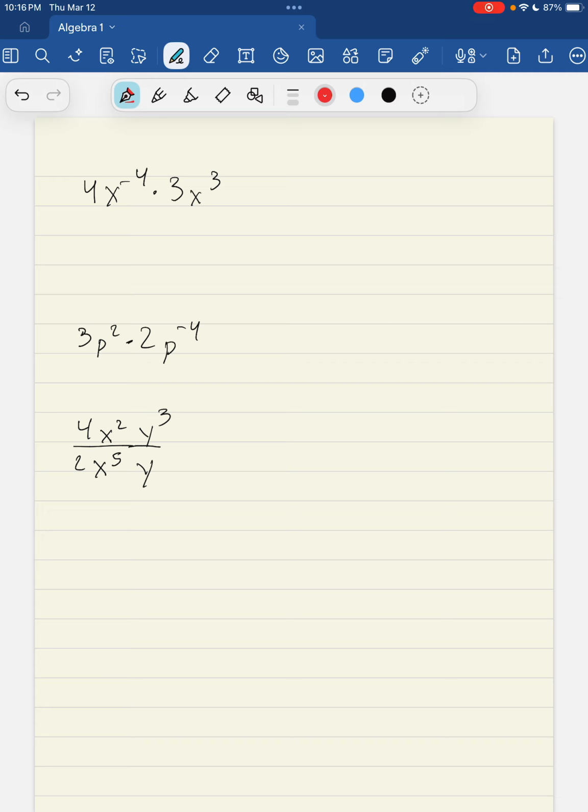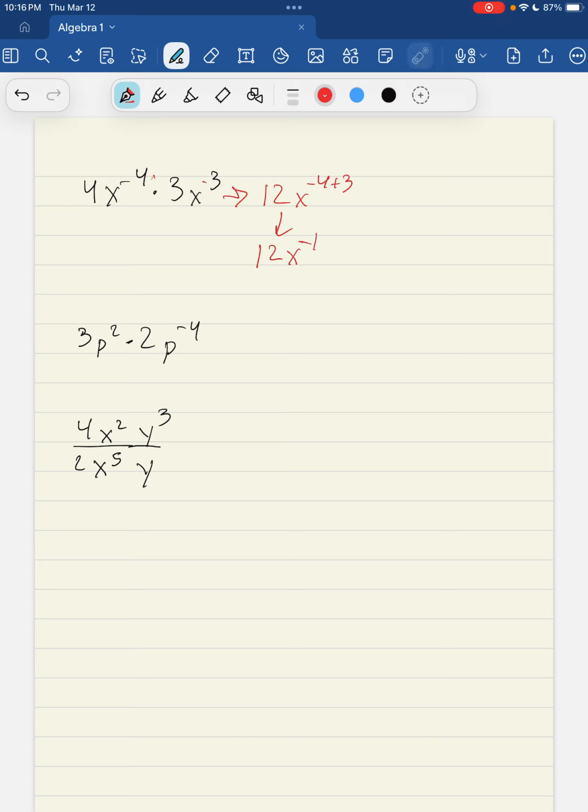A few examples. First, when we have a product of powers, we're going to multiply our numbers just like normal. Okay, that's going to be a 4 times 3, that's 12. And add our exponents. That's a negative 4 plus 3. So x to the negative 4 plus 3. And that's going to give us 12x to the negative 1 power.